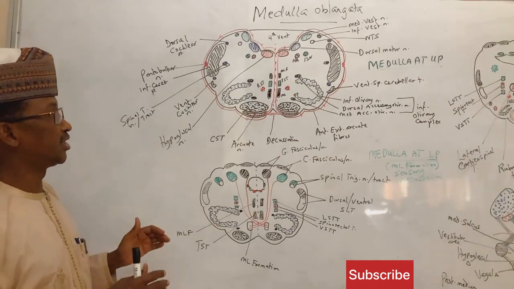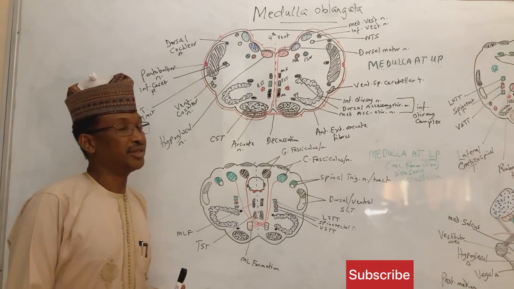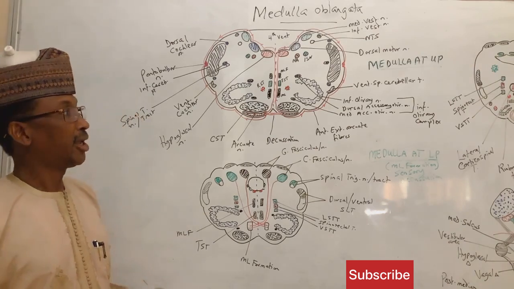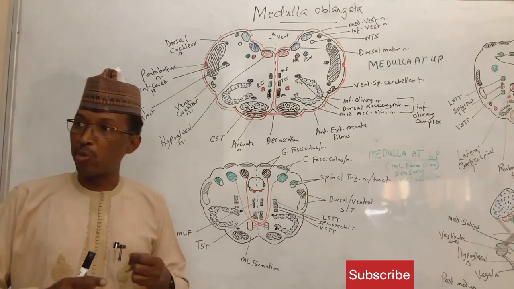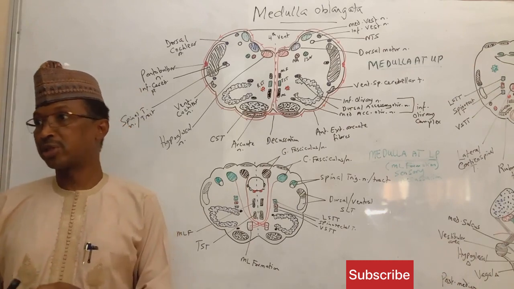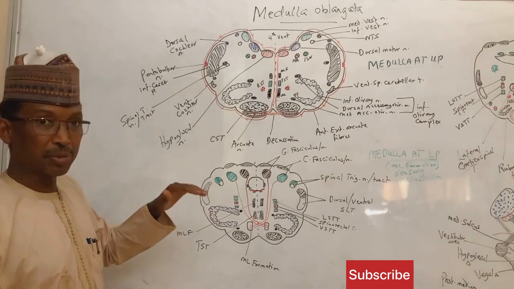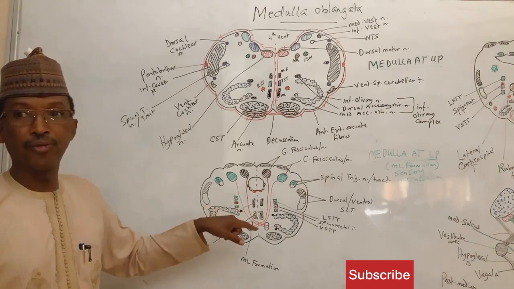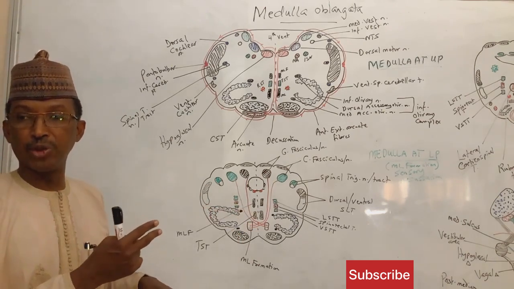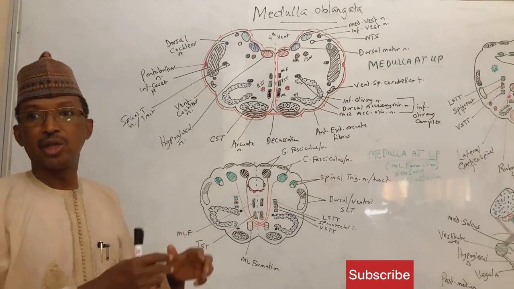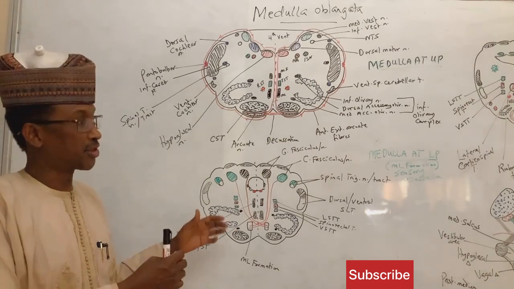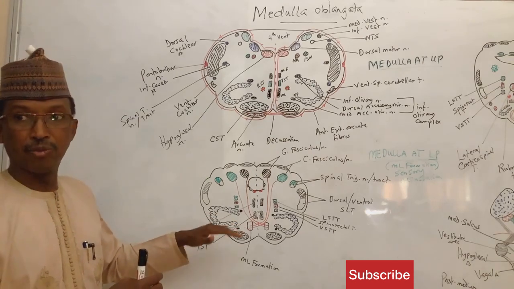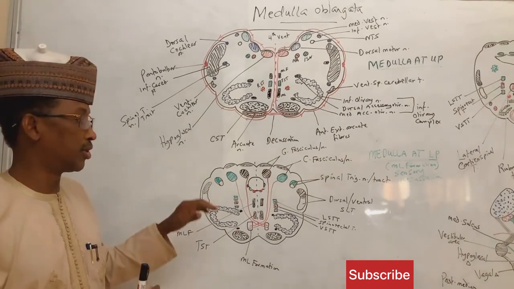So if you want to discuss the medulla oblongata, you have to discuss first and foremost the open part and the closed part. At the closed part, there are 2 sections that you are going to make. One is at the level of the 2 nuclei that we discussed before, carrying the medial lemniscus and what have you, and that is the level of the sensory decussation, which I will discuss later on.